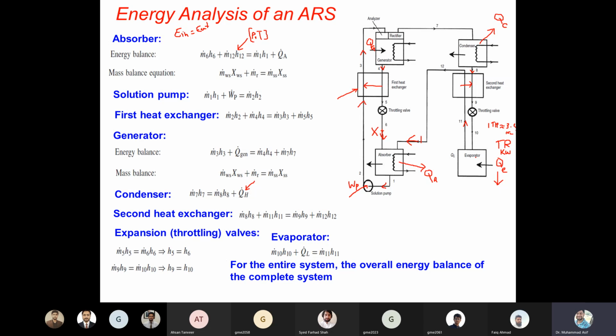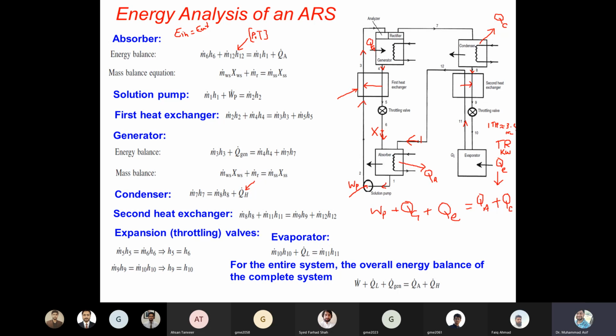So in the overall system, WP is energy in. Similarly, QG is energy coming into the system. The evaporator energy is also coming into the system, and what is leaving is the energy in the absorber as well as in the condenser, right? So this is an overall energy balance.